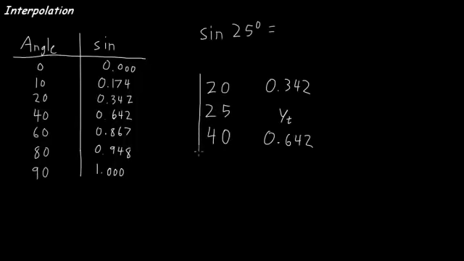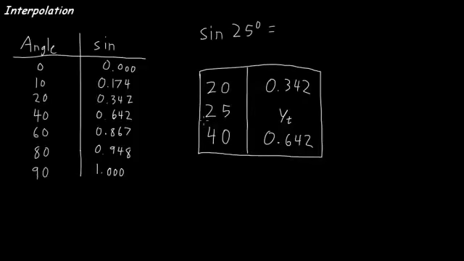We can look at this as a table. I've got a 2-column table with 3 rows. As you go through this example, you should be thinking about how you would implement this in Excel, because that's going to be the first Excel project: doing interpolation.